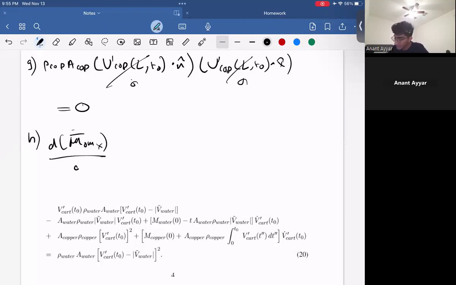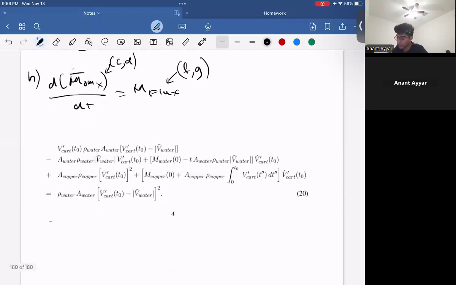This is parts F and G, and this is parts C and D. So basically, you add up all the terms from C and from D on the left side of the equation, and then you equate that to the mass flux. And the mass flux is just the water, which you derived in part F. And then you'll get this final equation.